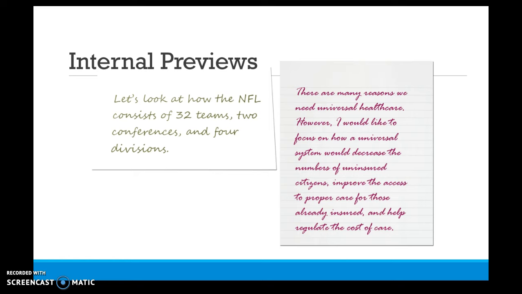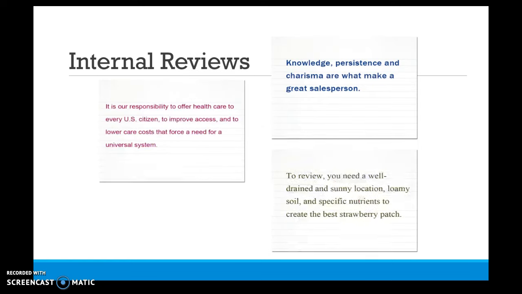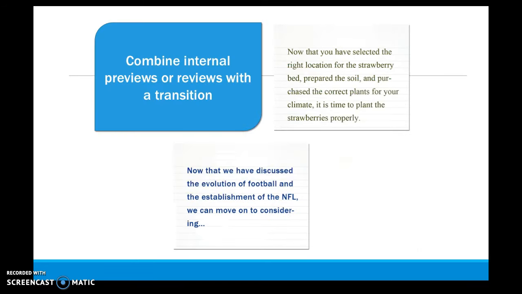Internal previews, here are some good examples right here. Internal reviews. Again, you can pause these to see what you would like to use. And what you can do is actually combine internal previews and reviews with the transition. Again, here are some examples here.